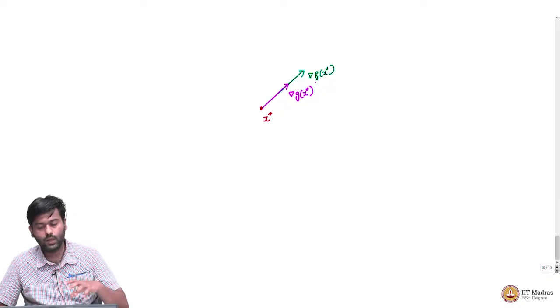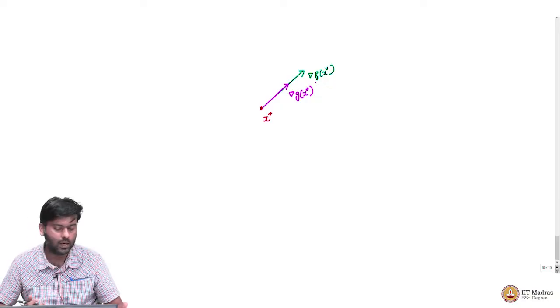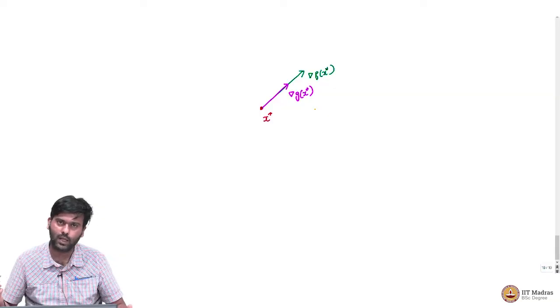Maybe this is del g of x star, they are pointing the same direction. Now, is this a configuration where there is no descent direction which is also feasible? Again, let us go through the motions. So, how would we find this? We need to find out where are the descent directions and the feasible directions.